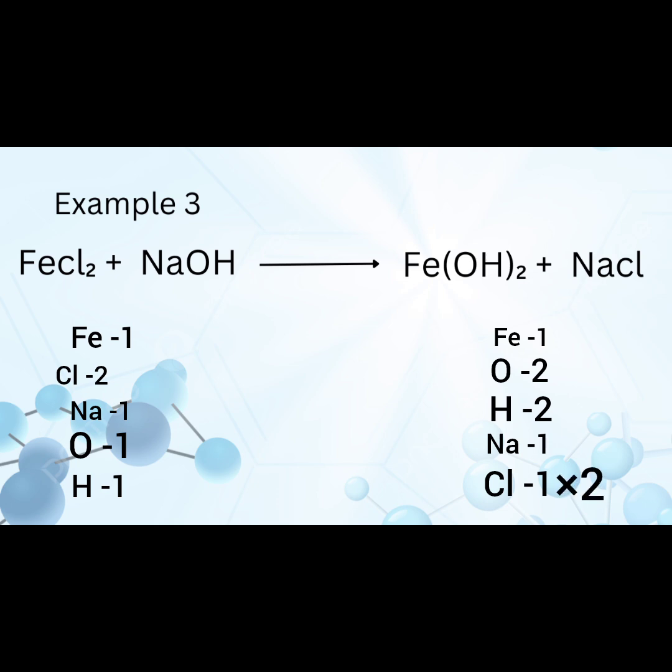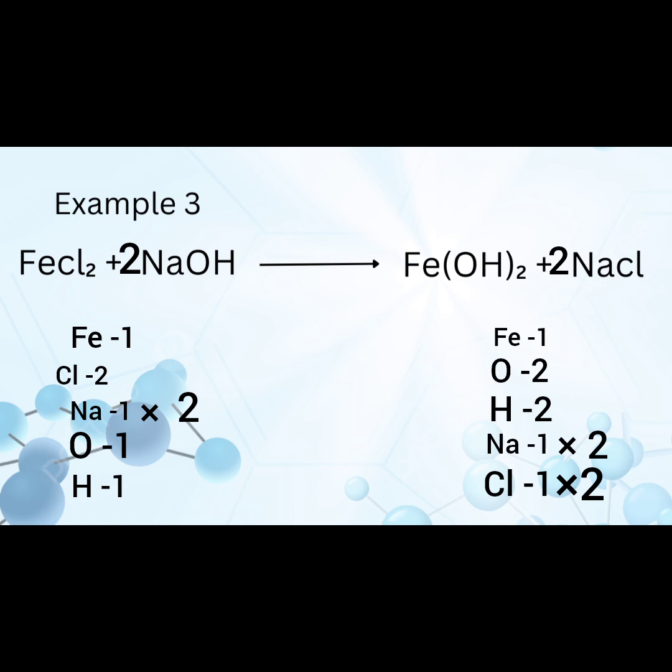If we multiply by 2, the number of sodium molecules will differ. So in order to balance the reaction, we need to multiply by 2 in LHS as well. By multiplying by 2, the number of oxygen and hydrogen also becomes 2, which is the same in RHS as well.